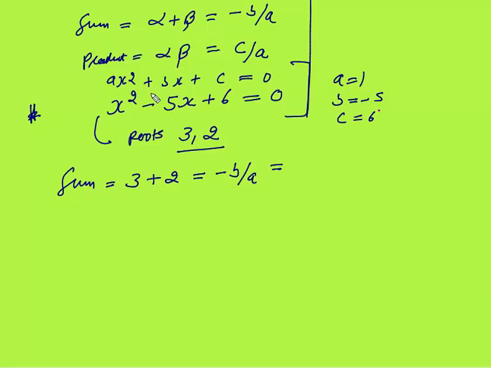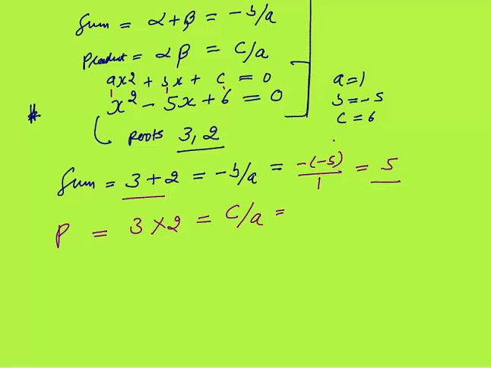We are comparing the coefficients. Now minus b, minus of minus 5, upon a, which is 1, equals 5. You can see that sum of roots is equal to minus b by a. Product of roots, 3 into 2, is it equal to c by a? What is c? 6 by 1 is same.